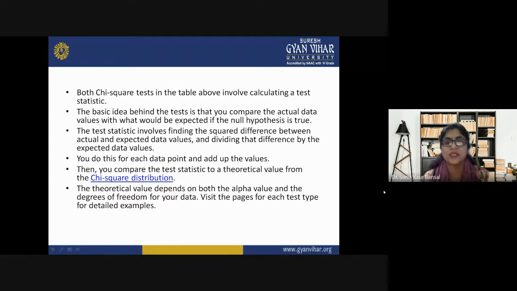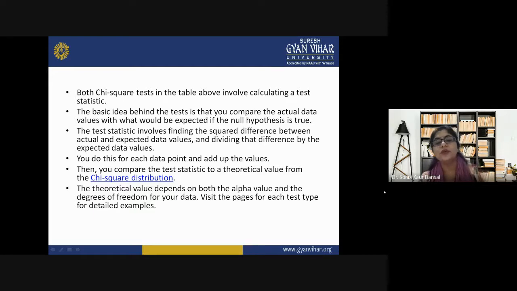Okay, students, so just remember the step by step. The basic idea behind the test is that you compare the actual data values with what would be expected if the null hypothesis is true. So the test statistic involves finding the squared difference between actual and expected data values, then dividing that difference by the expected data values.